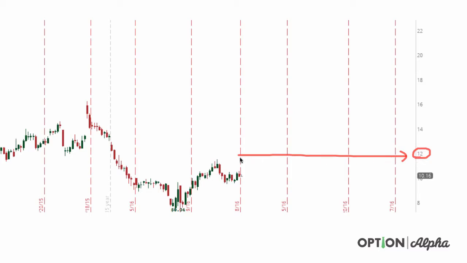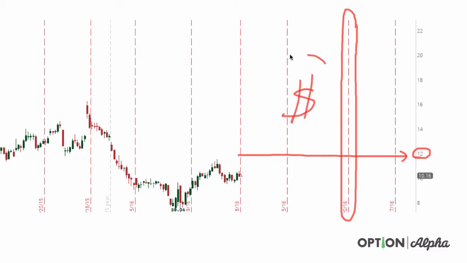But let's say that we think that the stock is going to go higher than $12. And let's say that this dotted red line here, which is an actual expiration date on our platform, is the point at which we set our expiration. So we basically say, if the stock goes above $12, anything over here in this zone, then we make the difference between 12 and wherever the stock is, 14, 16, 18, 20, whatever the case is.